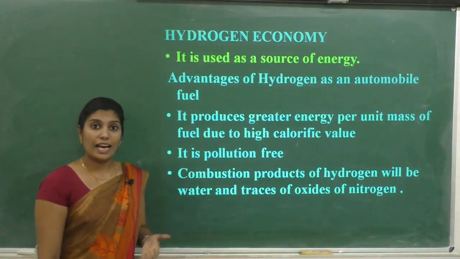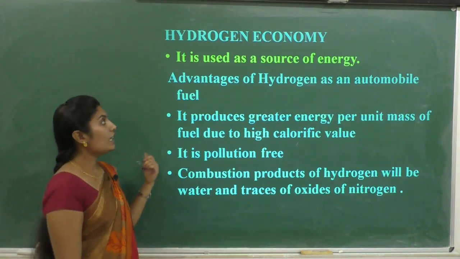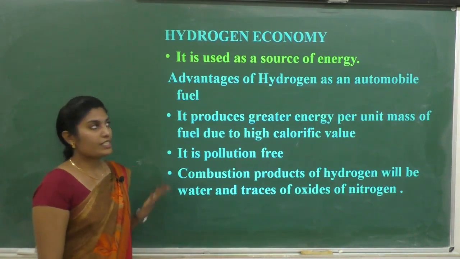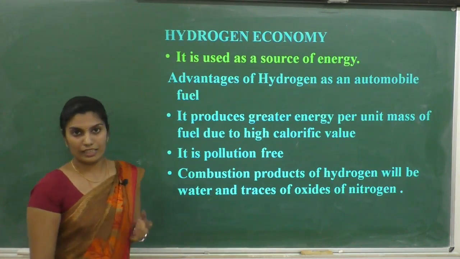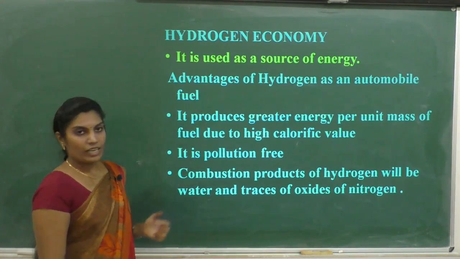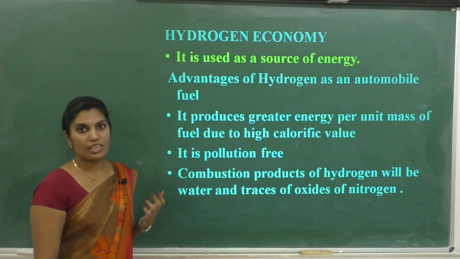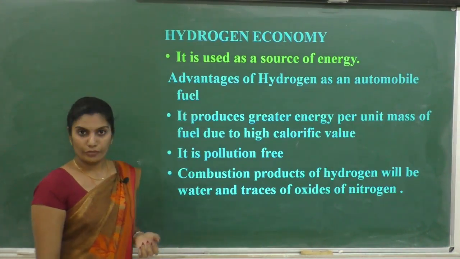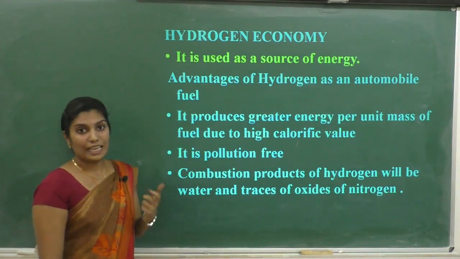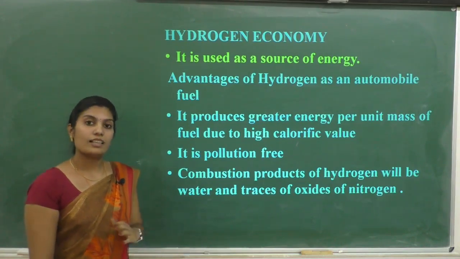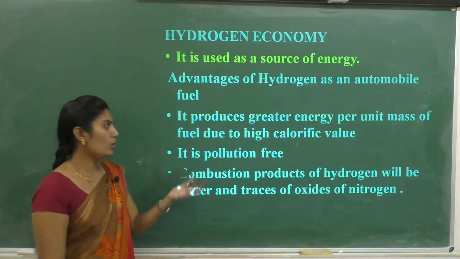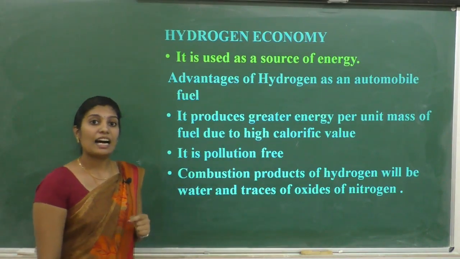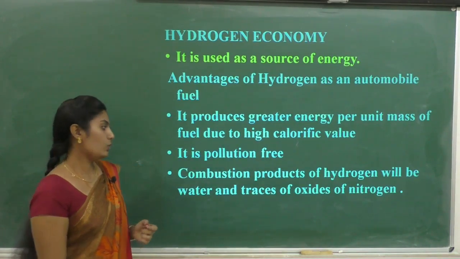Next, coming to hydrogen economy. Dihydrogen is used as a source of energy. Advantages of dihydrogen as an automobile fuel: dihydrogen produces a large amount of energy when compared to petrol, due to its high calorific value.